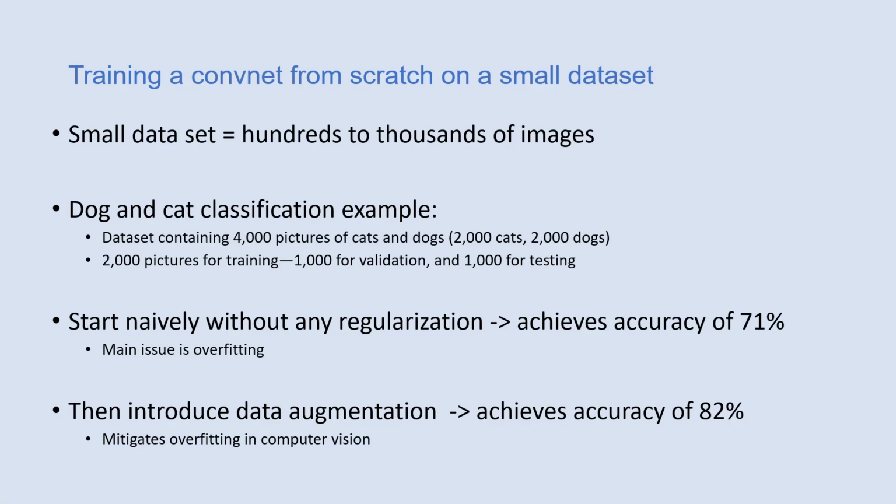That's gonna be the expected output used for training the neural network. 2,000 of the 4,000 pictures are gonna be used for training, 1,000 for validation, and 1,000 for testing. We're gonna start naively without regularization and get 71%, and we're gonna get overfitting, and to overcome that, we're gonna use data augmentation.